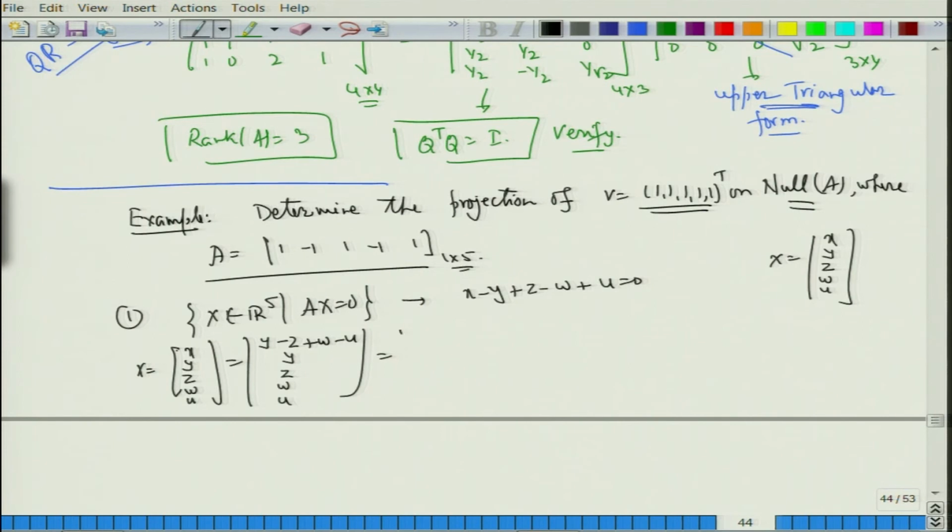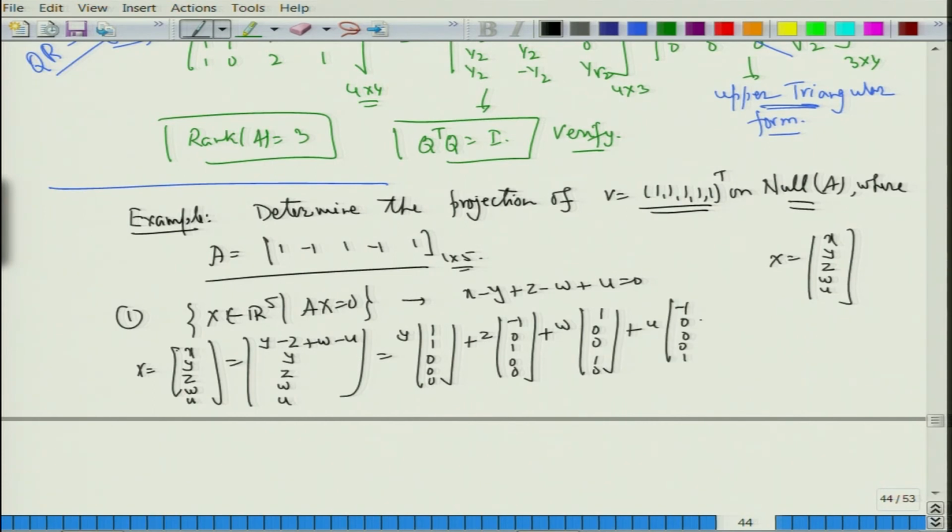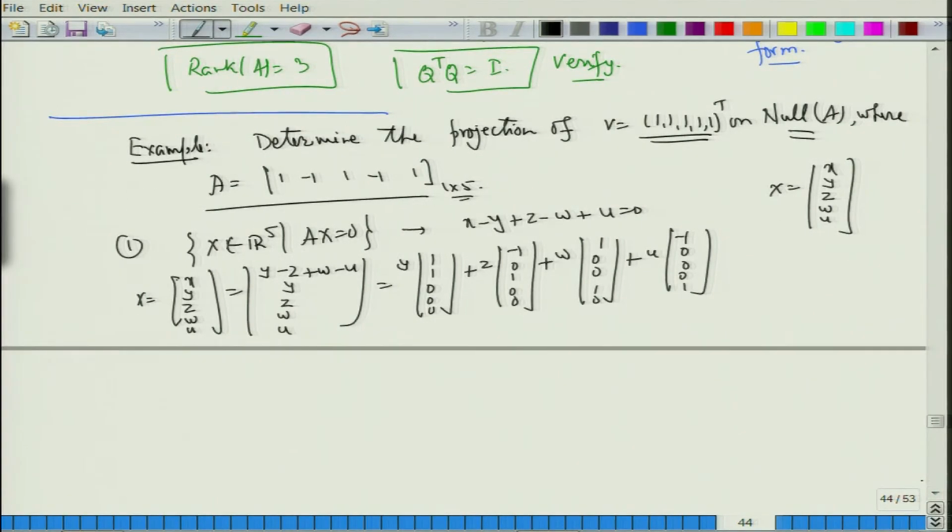So from here what I get is Y times (1 1 0 0 0) plus Z times (-1 0 1 0 0) plus W times (1 0 0 1 0) plus U times (-1 0 0 0 1). So I have got a basis of the null space.